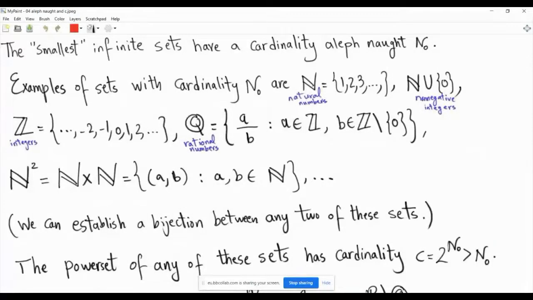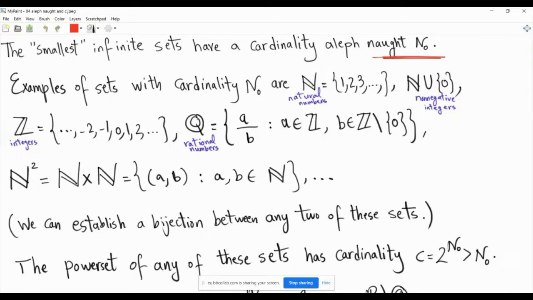So the smallest infinite set, if I give examples, natural numbers, integers, rational numbers, algebraic numbers, and so on, those have the smallest, quote unquote, infinity, which is Aleph Naught.